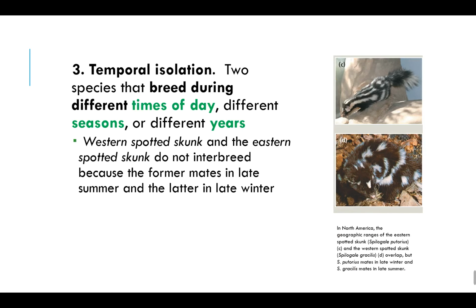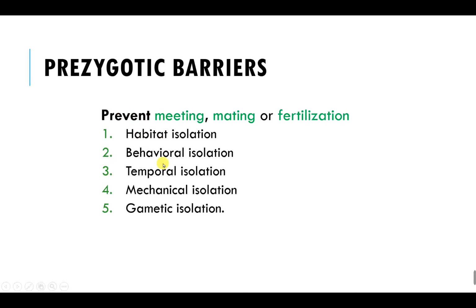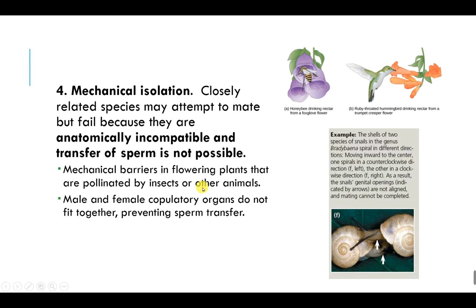Now in the first 3 examples, this is before mating. But for number 4 and number 5, this is after the organisms try to mate, but somehow it fails. In mechanical isolation, closely related species may attempt to mate but fail because they have different anatomy.